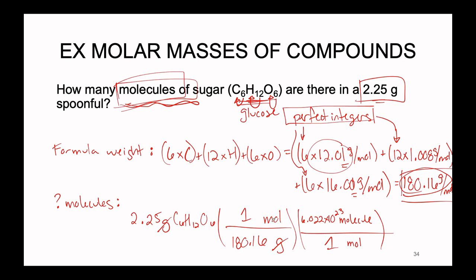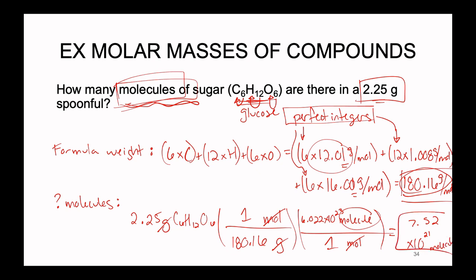The grams are going to cancel out. We can see in the second step then, moles are going to cancel out since we have 1 in the numerator multiplied by 1 in the denominator, totally canceling out. We are left only with the unit of the molecule. All right, and I'm kind of running out of space, but I do have enough space down here in the corner to write what our answer is, which is going to be 7.52 times 10 to the 21st molecules.